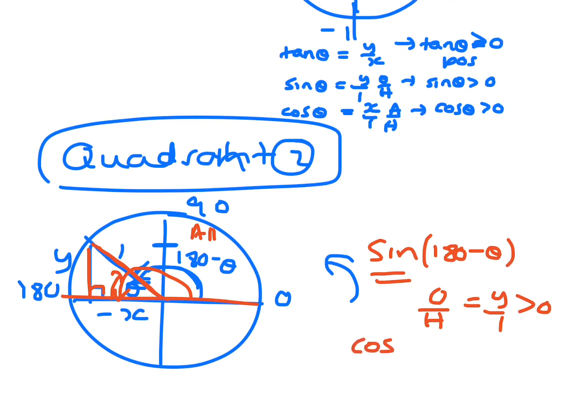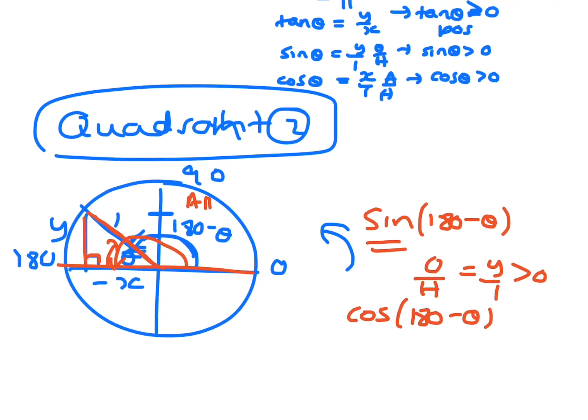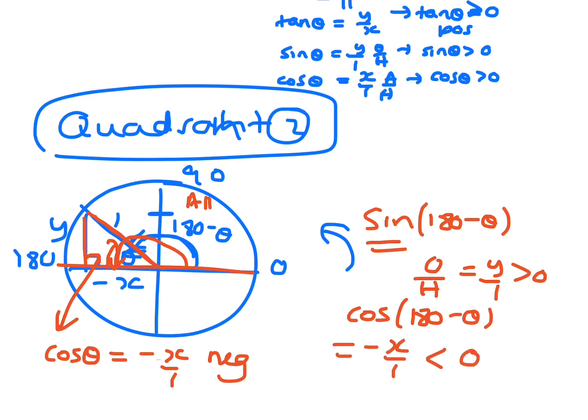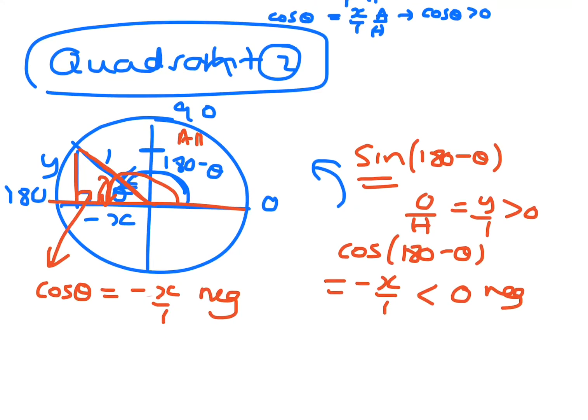But if we look at cos of 180 minus theta, it is minus x, that's the adjacent, on 1. And you can see that's negative. So cos in that quadrant will be minus x on 1, which will be less than 0. So sine is positive and cos is negative.